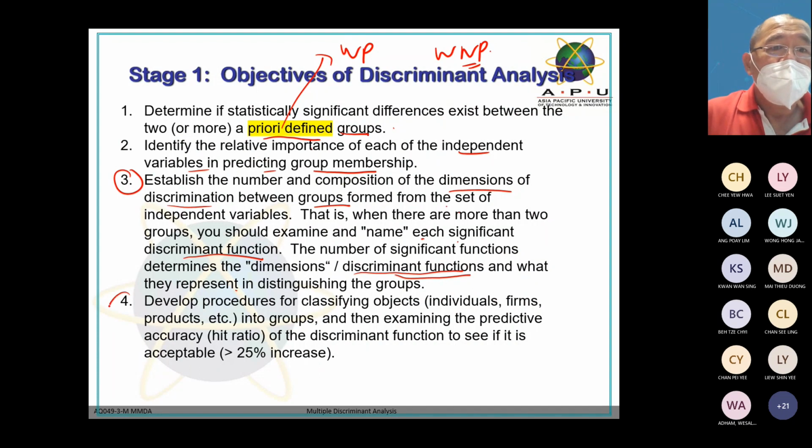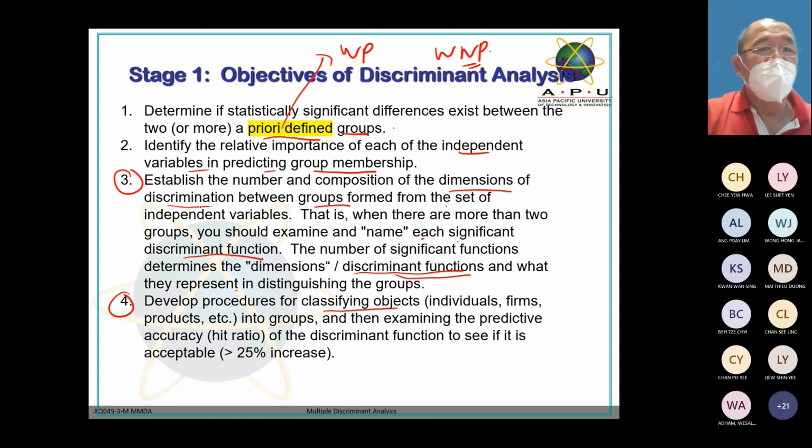So this objective means we have to get the discriminant function for us to determine which group each individual belongs to, the membership. And then also classification purpose: develop procedure for classifying objects.